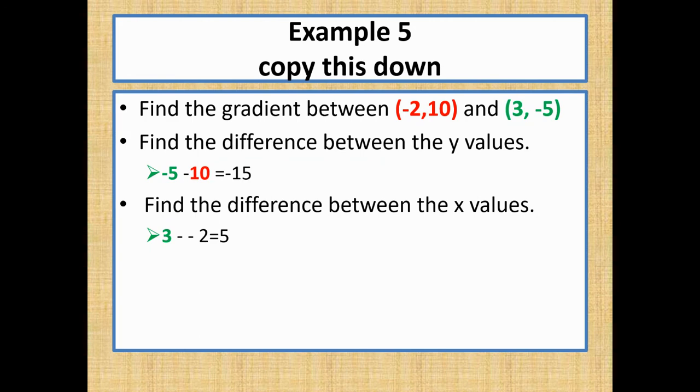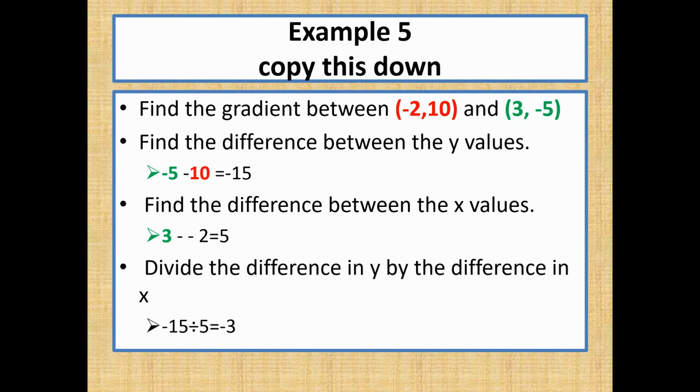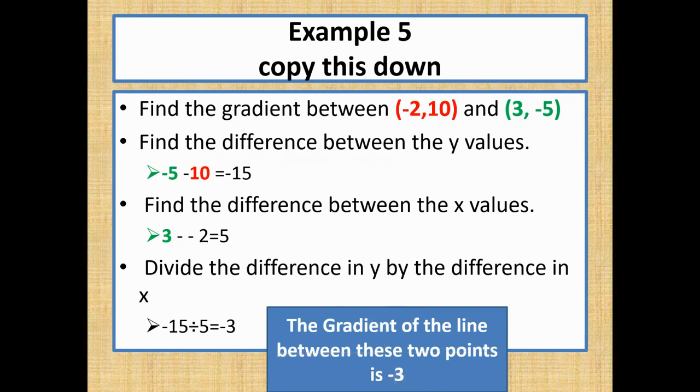Then to work out the gradient, it would be the difference in y divided by the difference in x, which is minus 15 divided by 5. 15 divided by 5, we know, is 3, but because it's minus 15 divided by 5, it would be minus 3. So the gradient of this line between these 2 points would be negative 3. Okay. So please make sure you copy down this example.